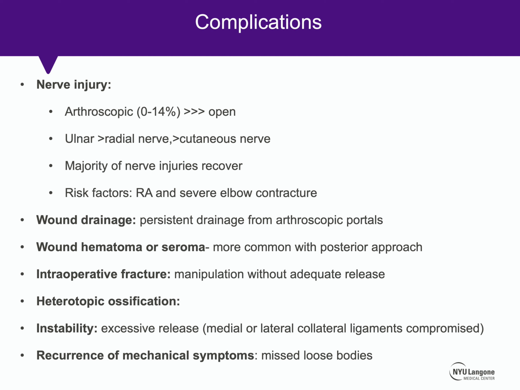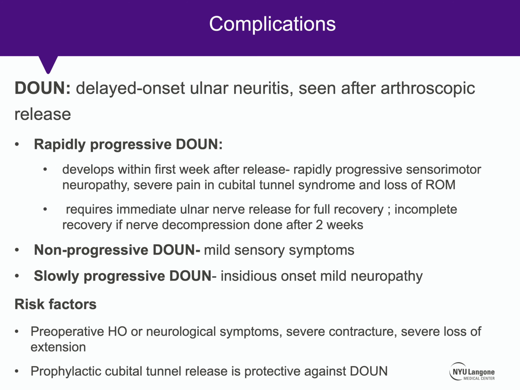That is why it's really important that when you're doing either arthroscopic or open release, a preoperative CT scan will give you a good idea where the loose bodies are, and you can make sure that they're not hiding in the gutters.